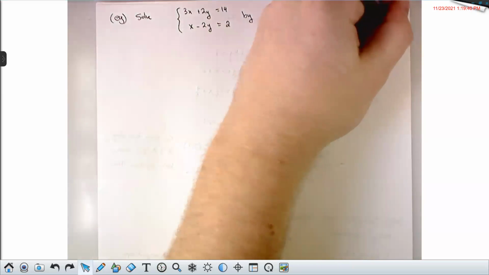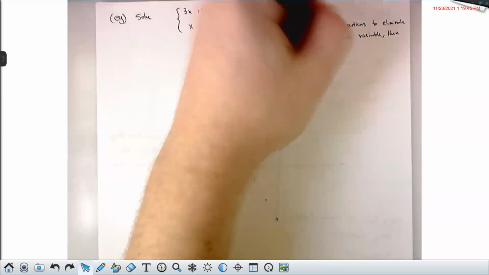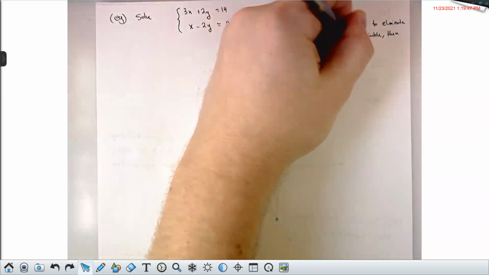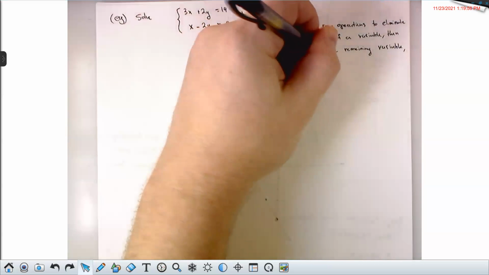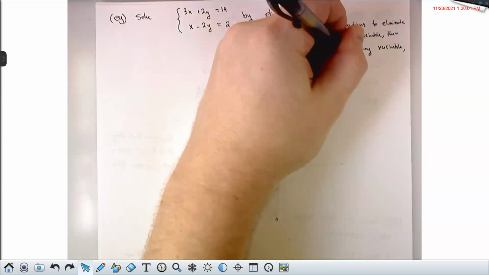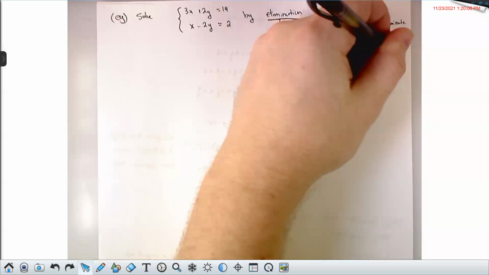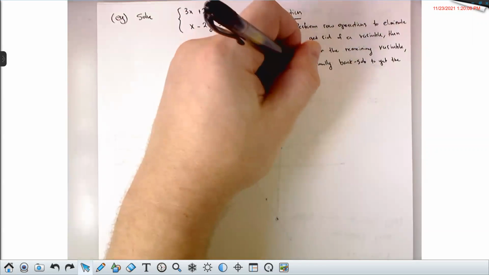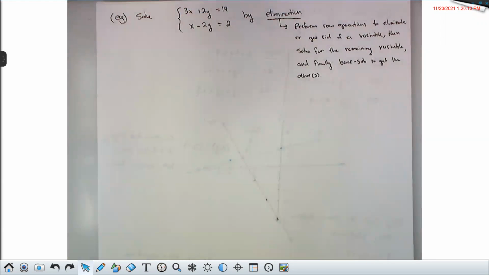Then solve for the remaining variable. And finally, back up to get the other. And there could be multiple others, but here with 2x2s, there's just 2 variables.